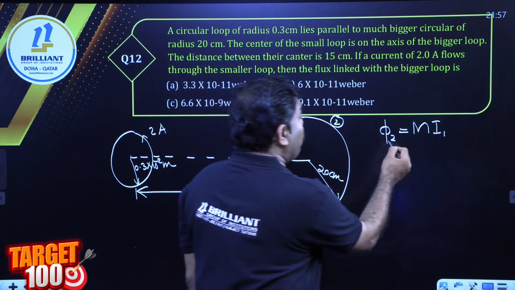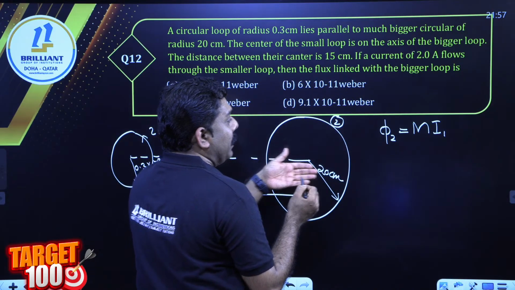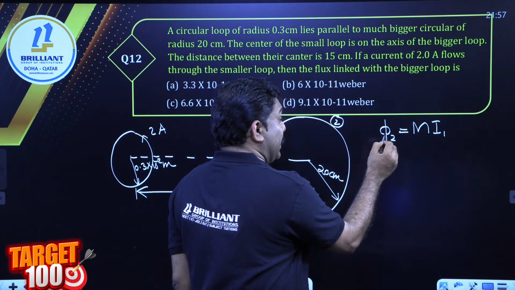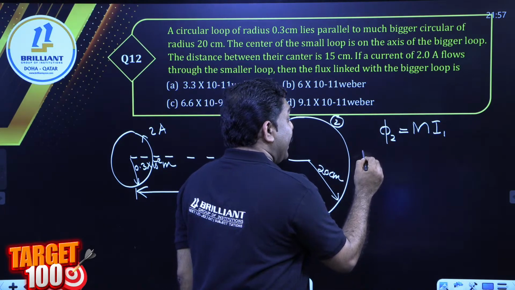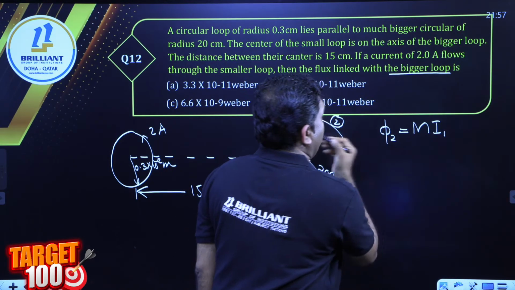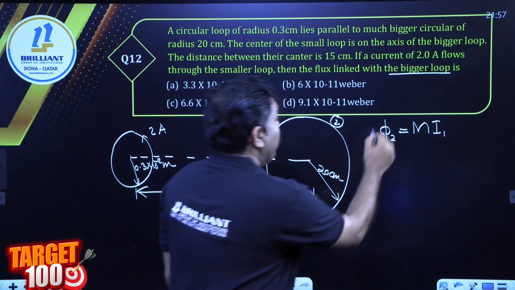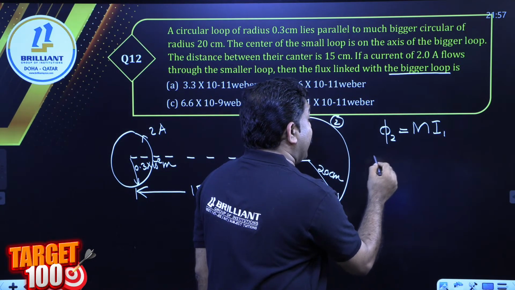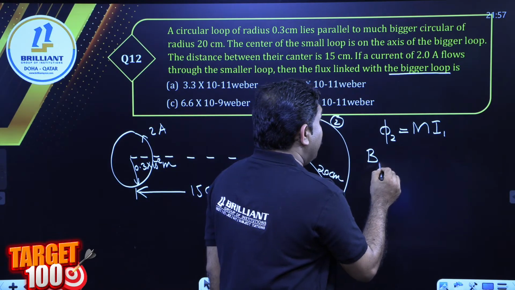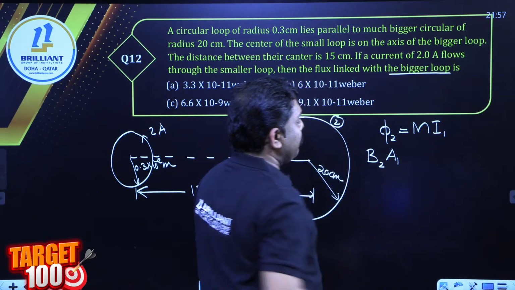So flux linked with the second loop is equal to Mi1. We have to find the flux linked with the bigger loop. Phi is equal to Mi1, so we can substitute the values. Flux is equal to BA, so I can write that as B2 into A1.